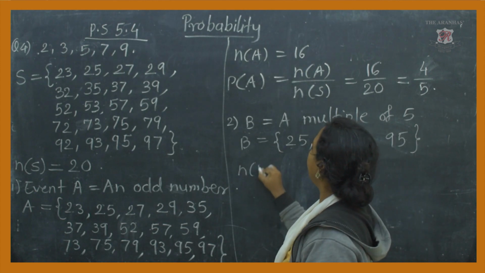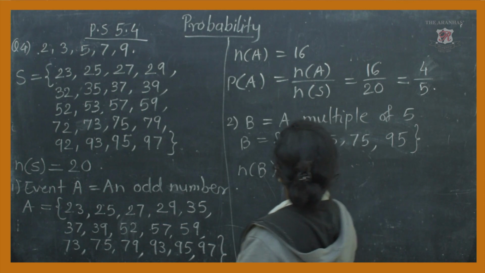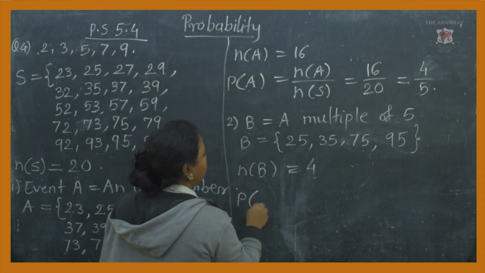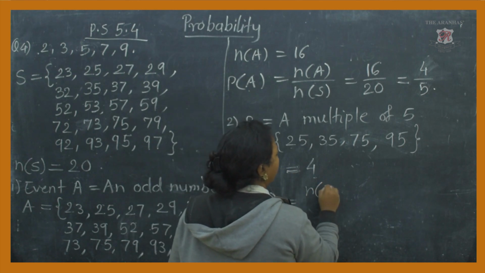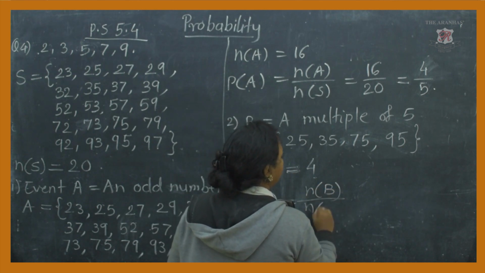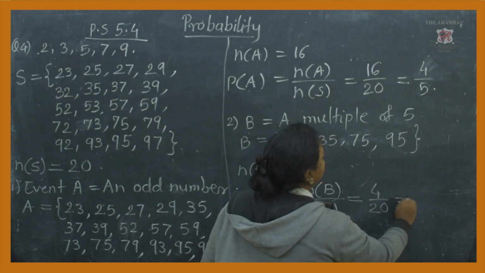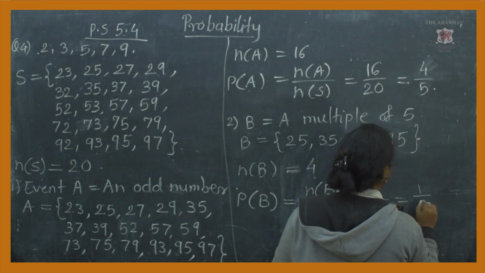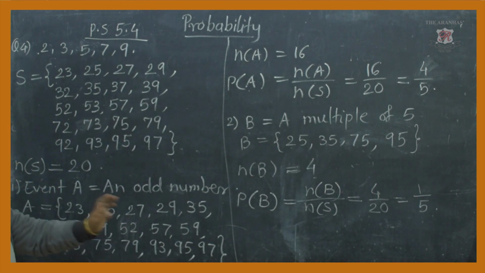So, n(B) is 1, 2, 3, 4. Now, calculate P(B), which is n(B) upon n(S), 4 upon 20. 4 ones are 4, 4 5s are 20. So, the probability of event B, a multiple of 5, is 1 upon 5.